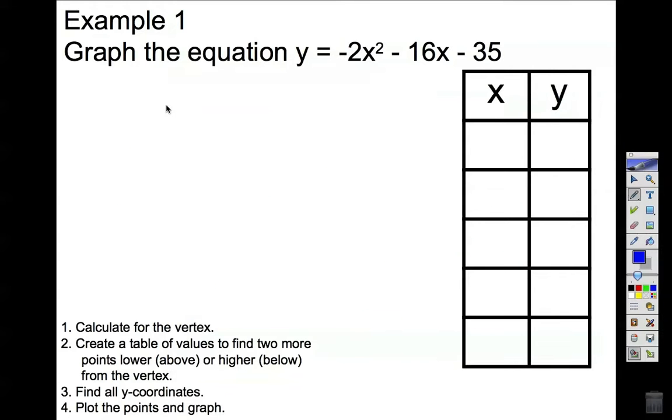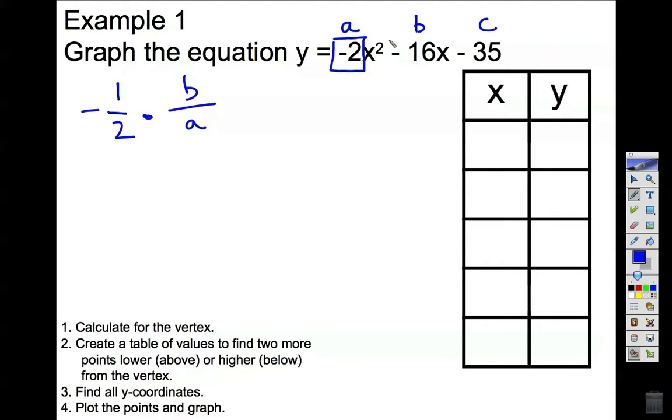In this first example, we are asked to graph the equation y equals -2x squared minus 16x minus 35. And the first thing we want to do is find the x coordinate of the vertex. So -1/2 times b over a. Here's my a, b, and c numbers.